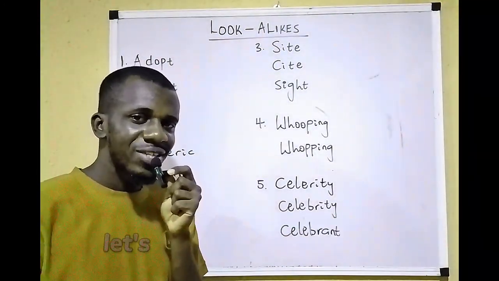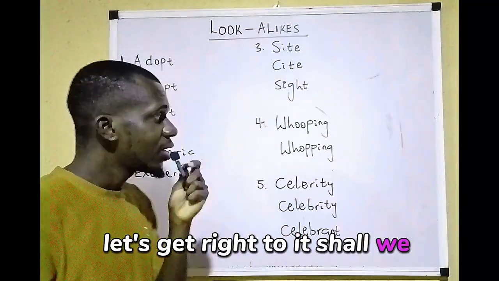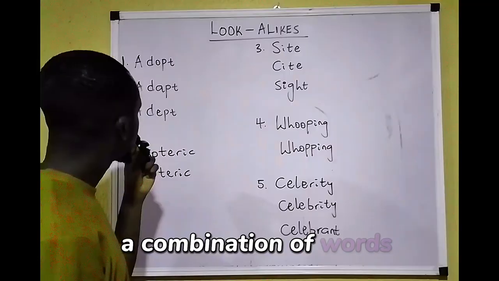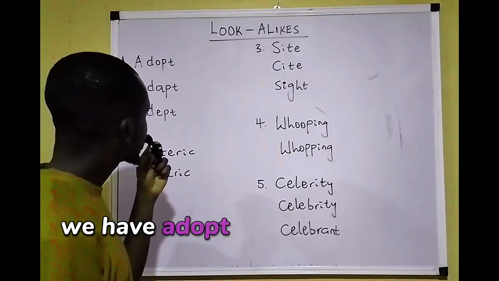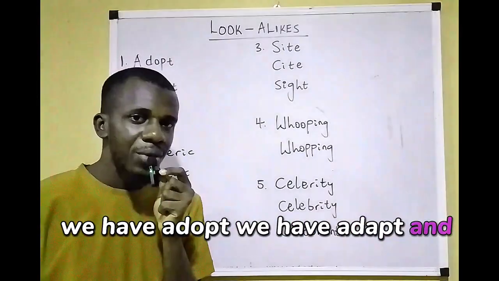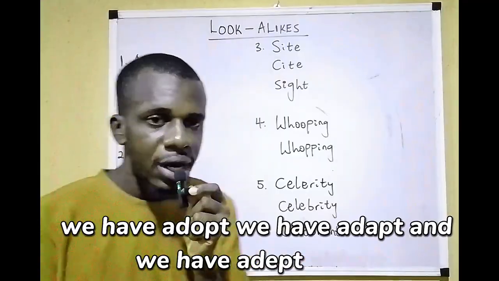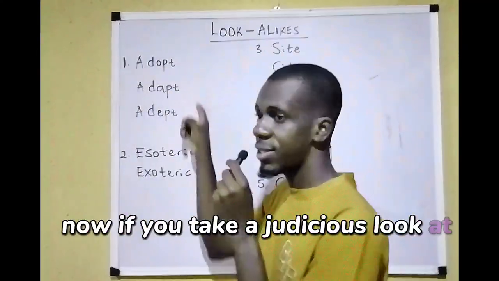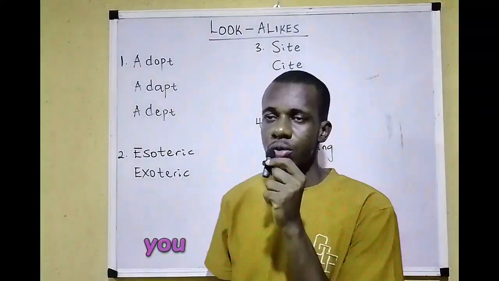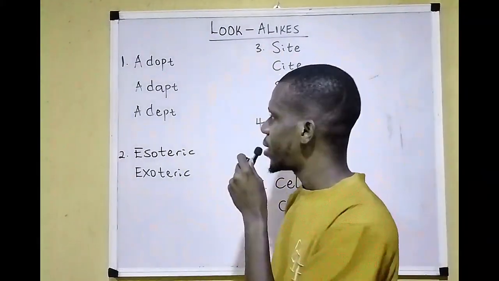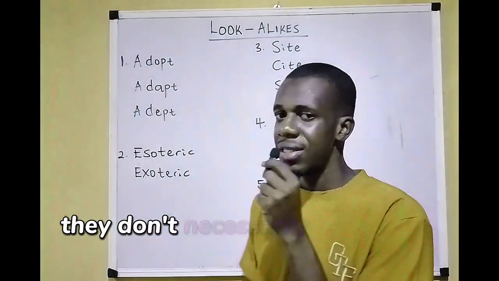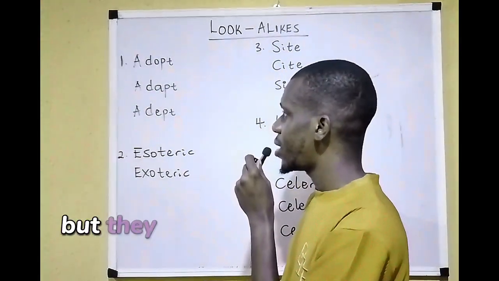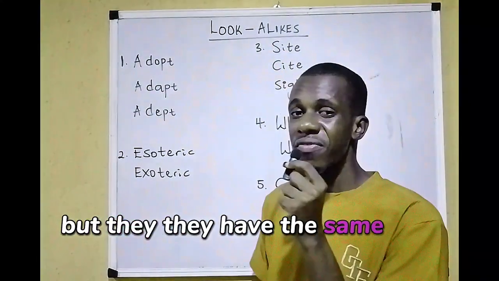So let's get right to it, shall we? Number one, we have a combination of words. We have adopt, we have adapt, and we have adept. If you take a judicious look at these three, you would find that they don't necessarily sound alike, of course, but they have the same form.